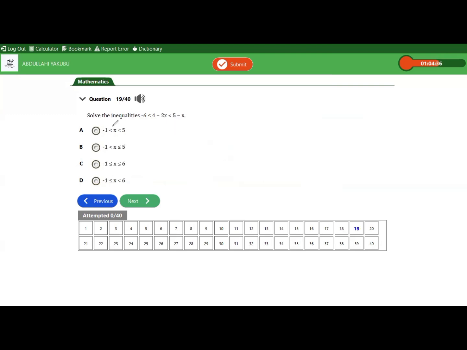So the next question says, solve the inequality, which is minus 6 less or equal to 5 minus 2x less than 5 minus x. If you look at it critically, this is the first inequality, separating this and the whole of this before we reach another inequality.